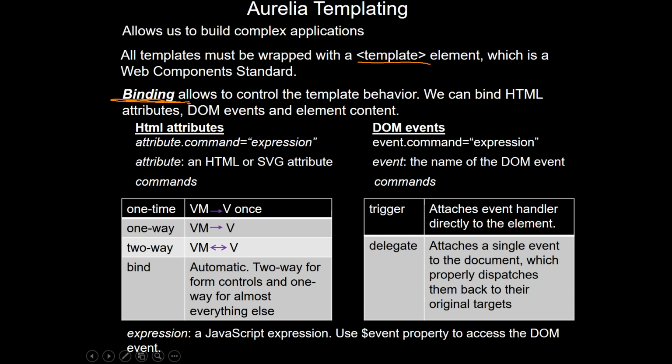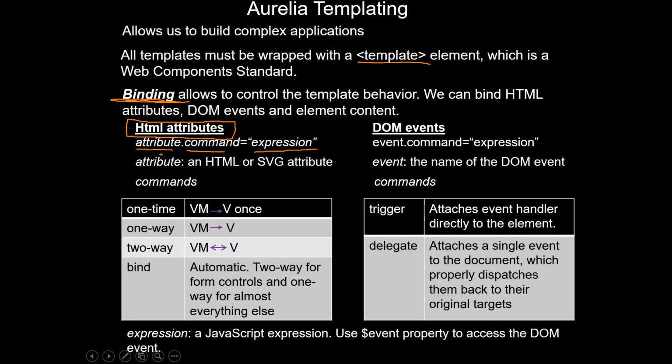The syntax is very straightforward. First, let us focus on how we can get the attributes to participate in binding. So you will use the syntax attribute dot command equals an expression. So an attribute can be an HTML attribute, like for example, it could be the value attribute on a text box, it could be a href attribute on an anchor, and so on.